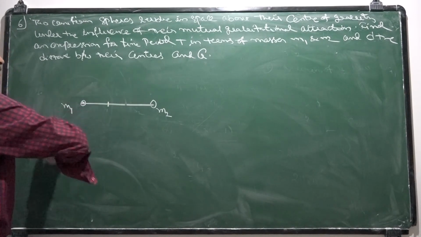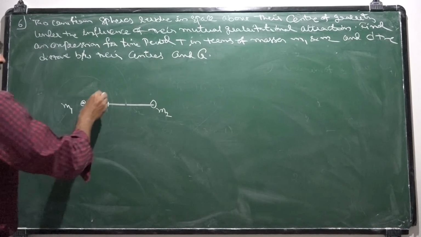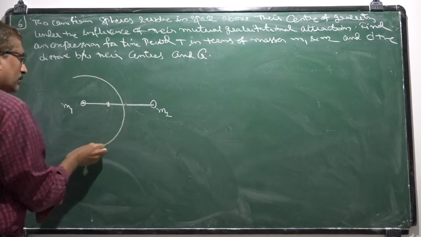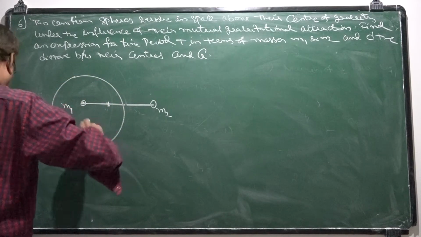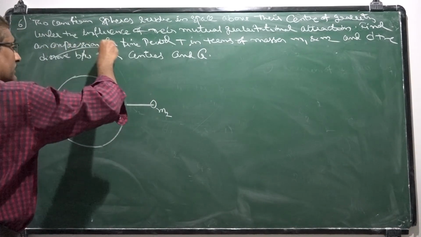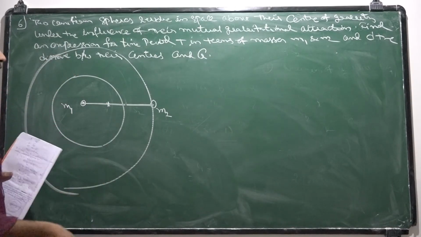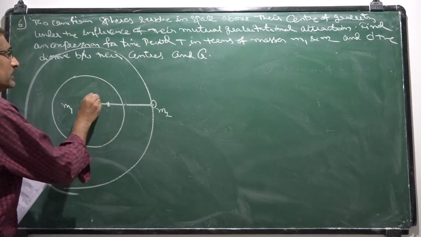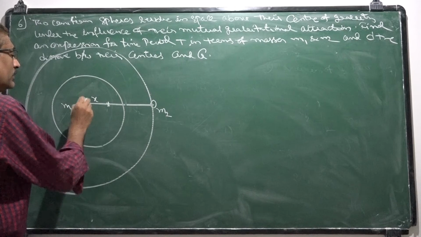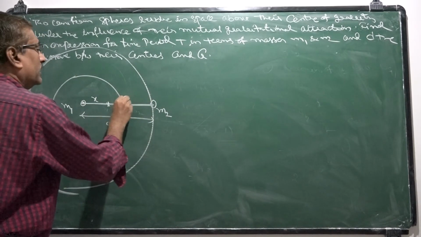Assume x is the distance from the center of gravity to the first mass, and the two are separated by distance d, so this is d minus x.